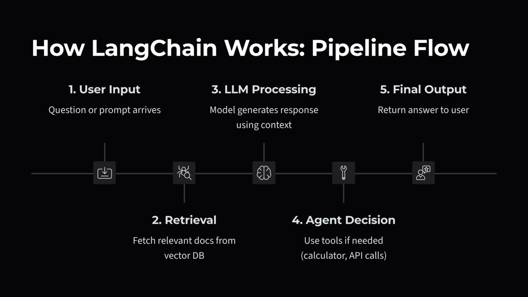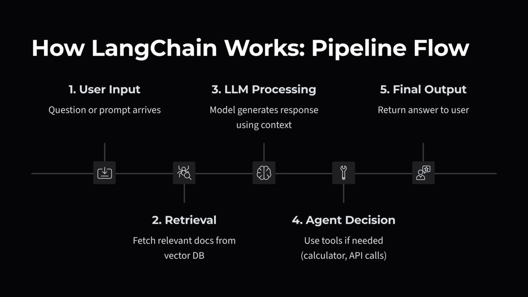How LangChain works. Pipeline flow. The flow feels natural once you visualize it as a small relay chain. A user asks a question, and the system immediately fetches context, like glancing at your notes before giving an answer. The retriever pulls relevant documents from the vector store using ANN search, lining up the right facts before the model thinks.